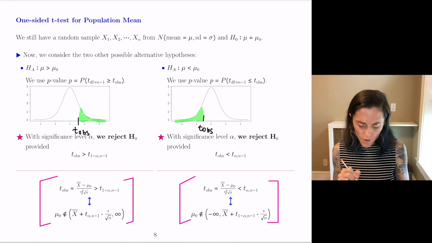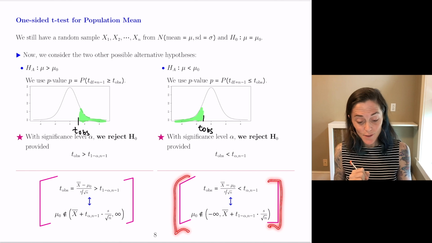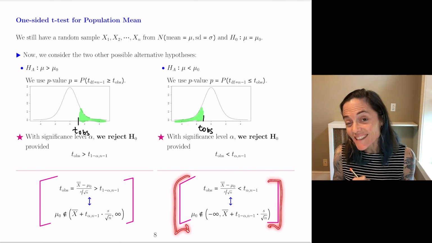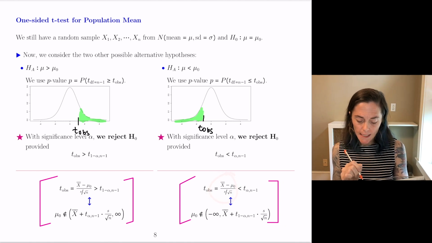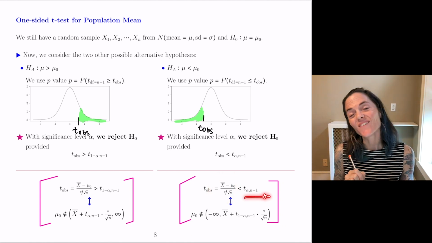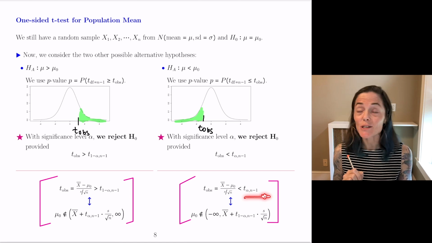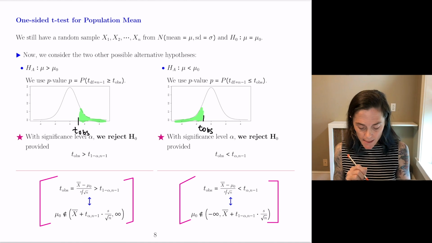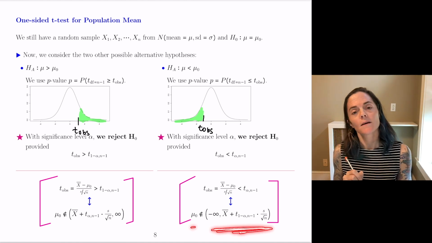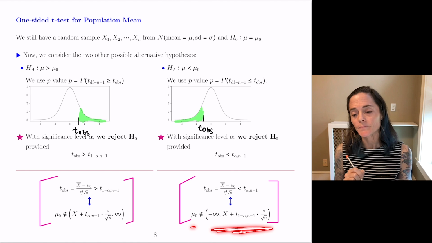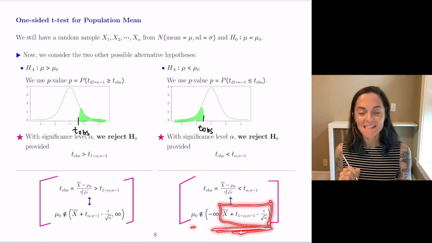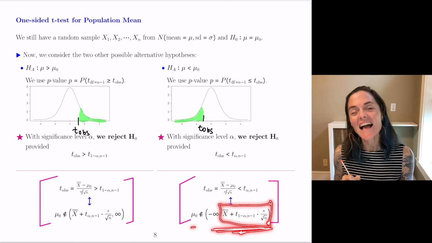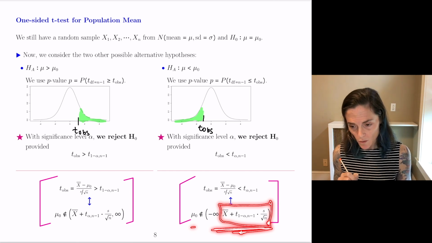Similarly, if we go over to the confidence interval statement about this other alternative hypothesis, okay, so our observed t-statistic is less than the alpha quantile for the t distribution, n-1 degrees of freedom. This says this mu zero is not in this one-sided confidence interval. Now, this one-sided confidence interval gives us this upper bound on mu.